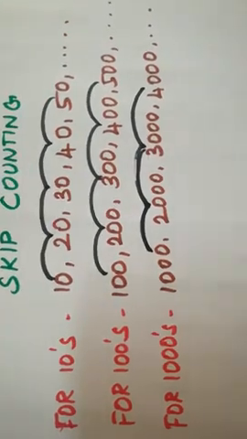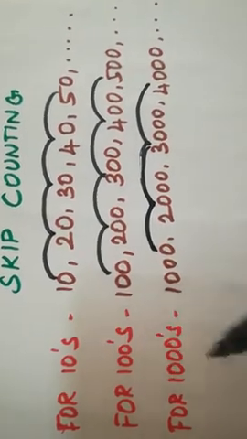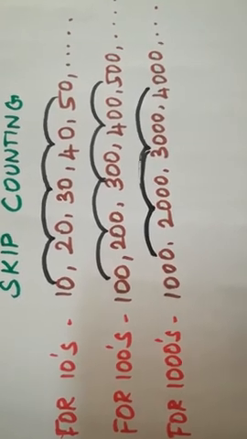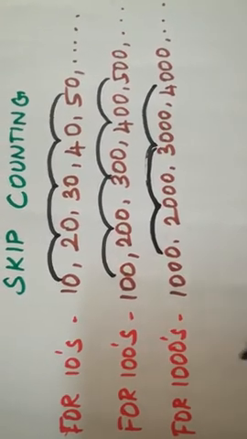It's called skip counting of tens, hundreds, thousands. Did you all remember that, children? Hope you all remember all the things.